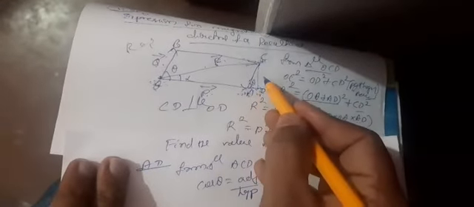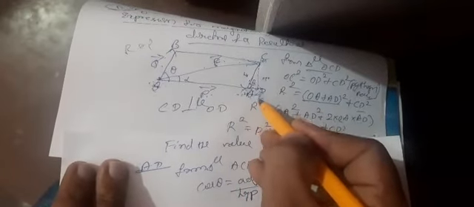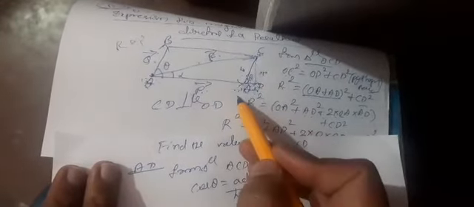This is theta, this is the opposite, this is the hypotenuse, this is the adjacent. The adjacent side is AD divided by the hypotenuse side AC. Cross multiply: AD is equal to AC into cos theta.